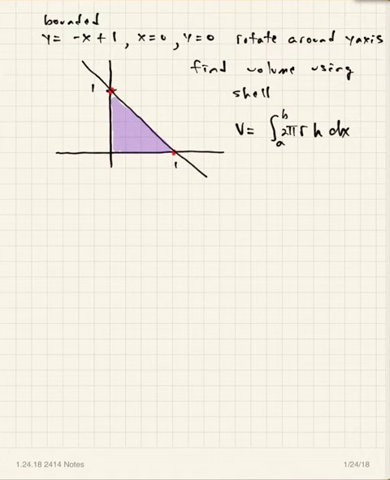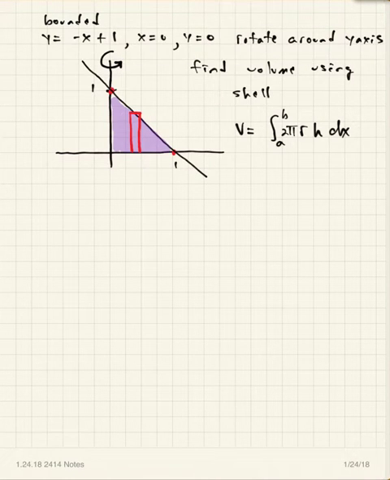If we're going to use the shell method, and the axis of rotation is the y-axis, remember what we were talking about in the last screen, that would mean that our rectangle has to be parallel to the axis of rotation, and so that's our rectangle right there. That's the rectangle that we're rotating around the y-axis, so we need to label r and h on my picture here.